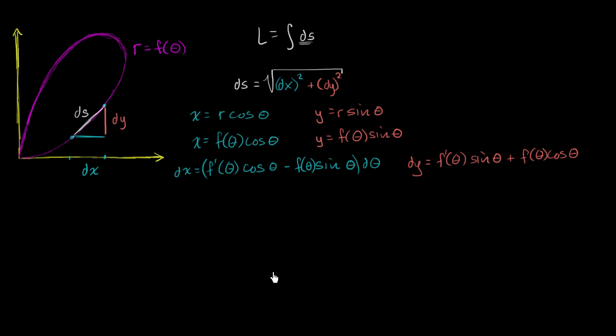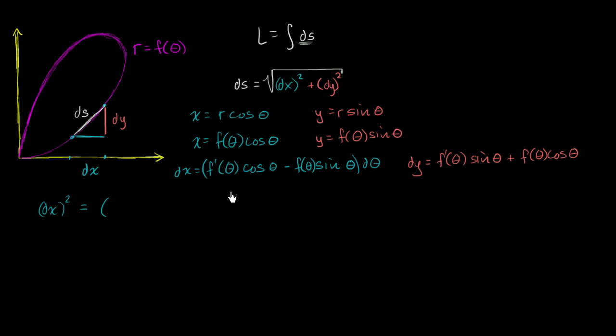Cosine of theta. And now if we want to figure out what ds is, we're going to have to take the sum of dx squared and dy squared. So let's do that. So dx squared is going to be equal to, we just need to square all of this. So I'm just going to square this and then multiply that times d theta squared.